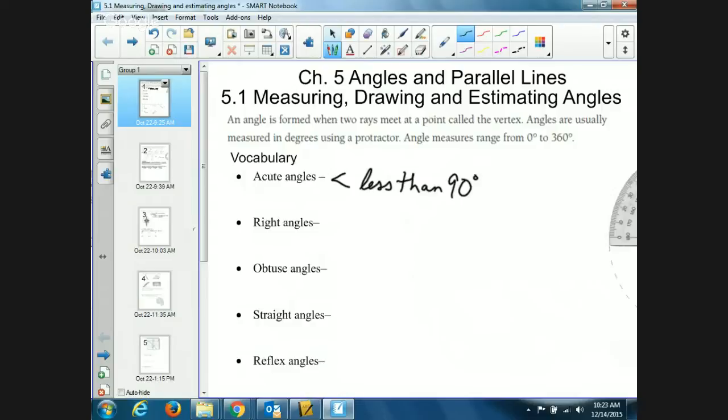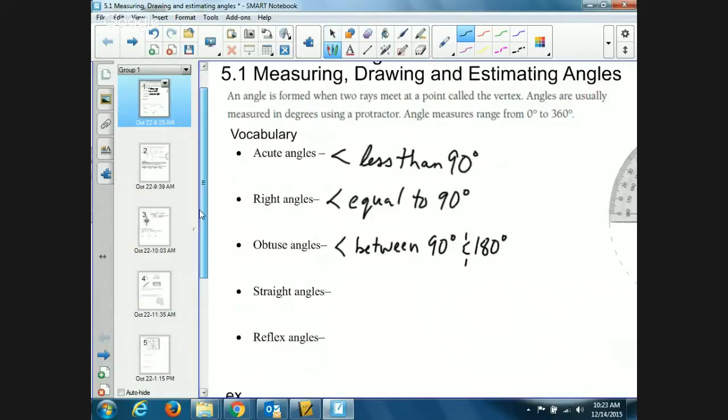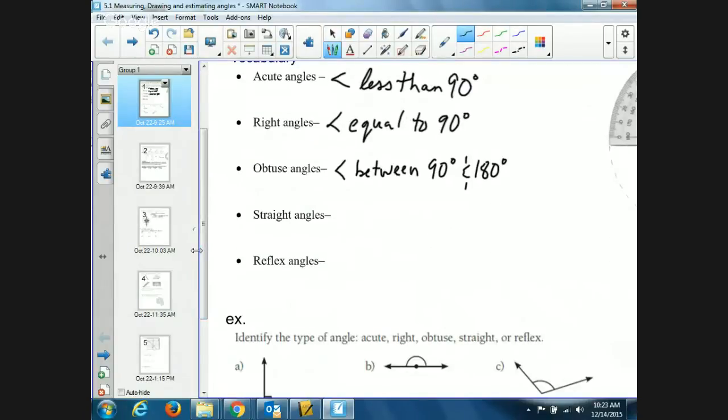Right angles. It's an angle equal to 90 degrees. An obtuse angle is an angle between 90 and 180 degrees. Jot these down because you need them. Pause the video as you need.